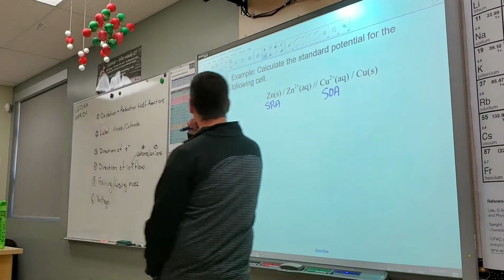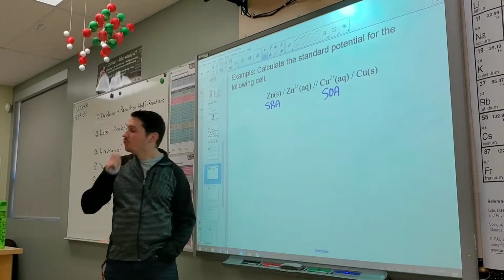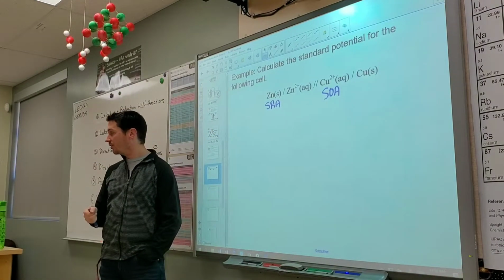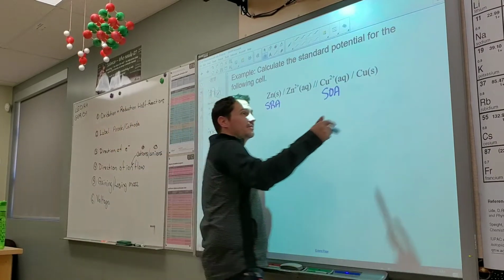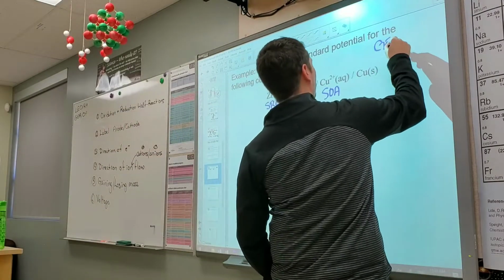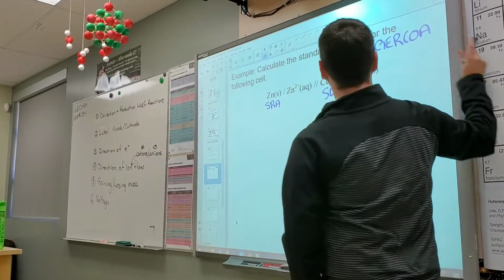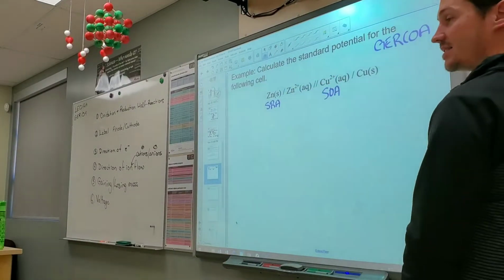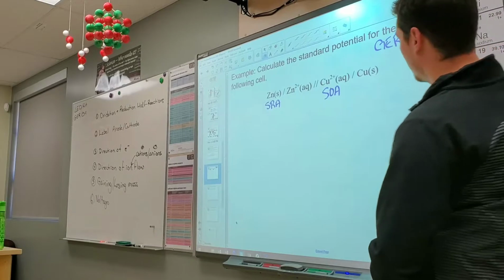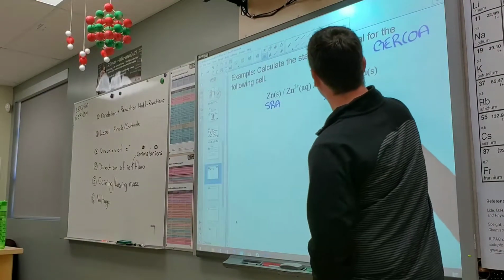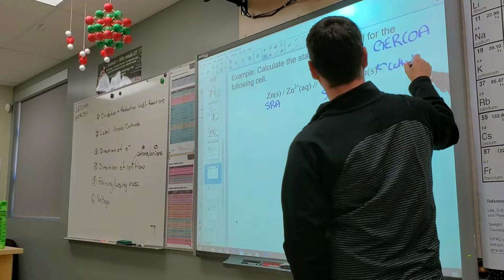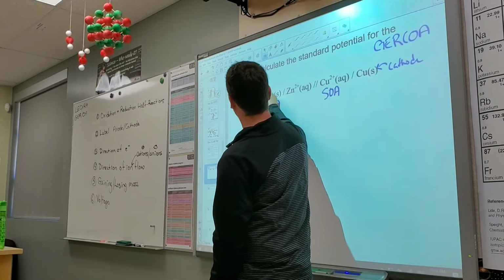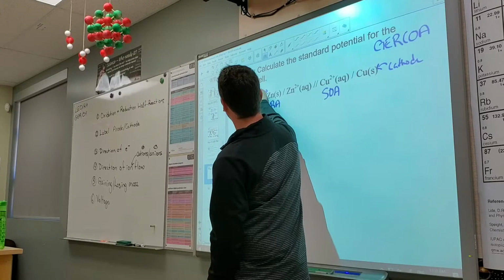So what I want to know is which one of these is the cathode and which one is the anode. What's the only word you have to remember? Gercoa. So which side is the anode and which side is the cathode? This solid chunk of metal is the cathode, and this solid chunk of metal is the anode.